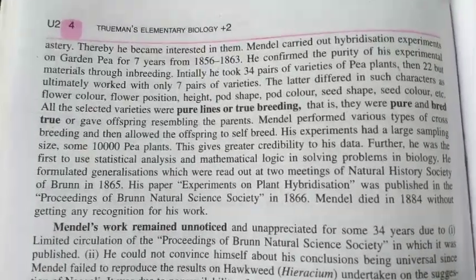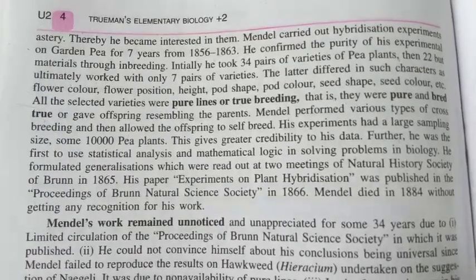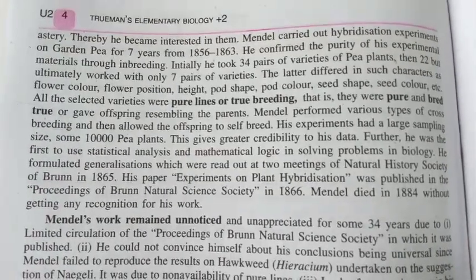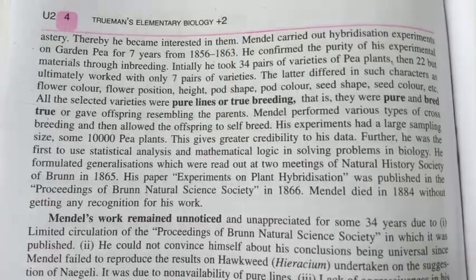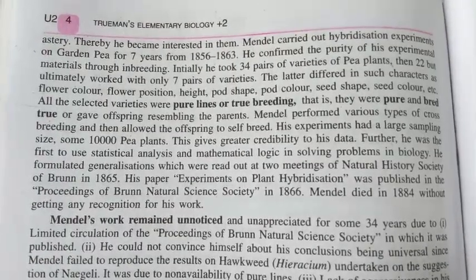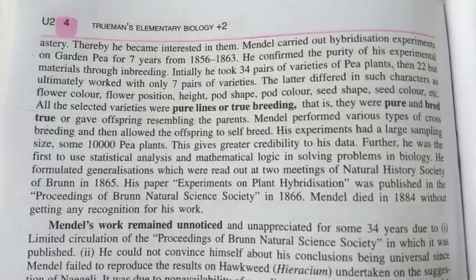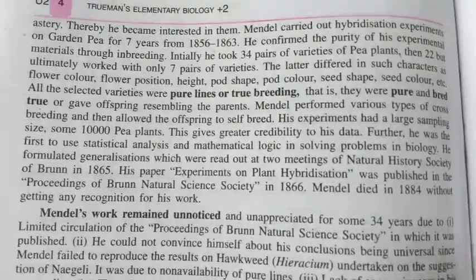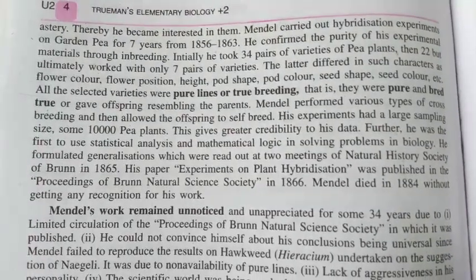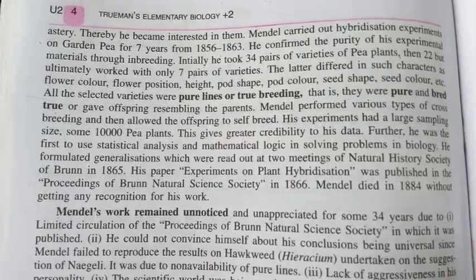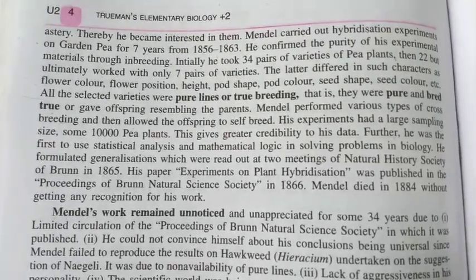He formulated generalizations which were read out at 2 meetings of the Natural History Society of Brunn in 1865. His paper Experiments on Plant Hybridization was published in the Proceedings of Brunn Natural Science Society in 1866.